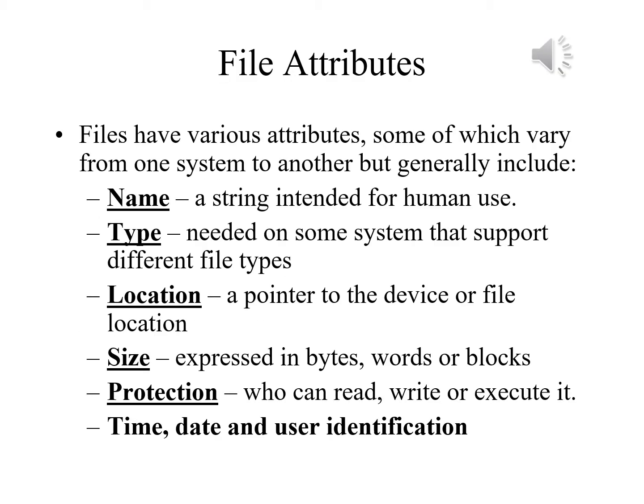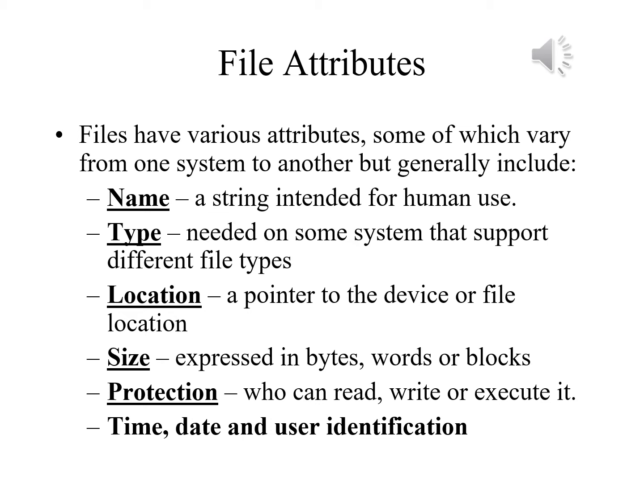Like anything else in a computer system, a file has attributes or properties. Exactly what these properties are may vary from system to system, but generally there are a few things that are always included because they are either necessary for the operations of the system or because they make it easier for people to use the computer.